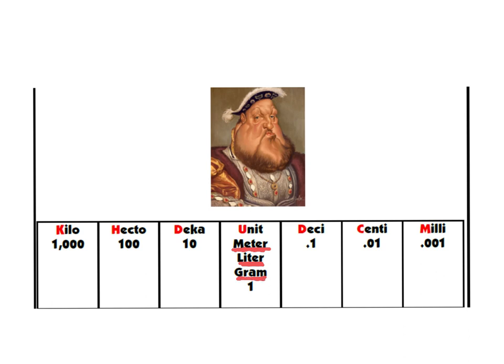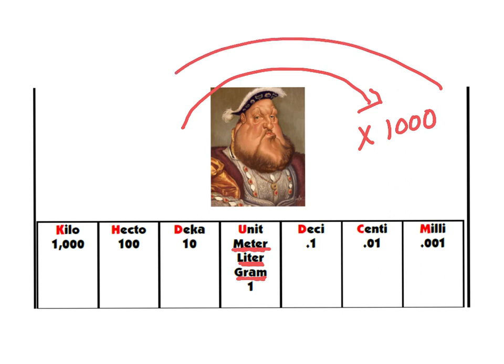the weight. So anytime that we're going to go to the right, that is basically multiplying by 1,000. And then anytime that we're going from the smaller unit to a larger unit, we are going to be dividing by 1,000.